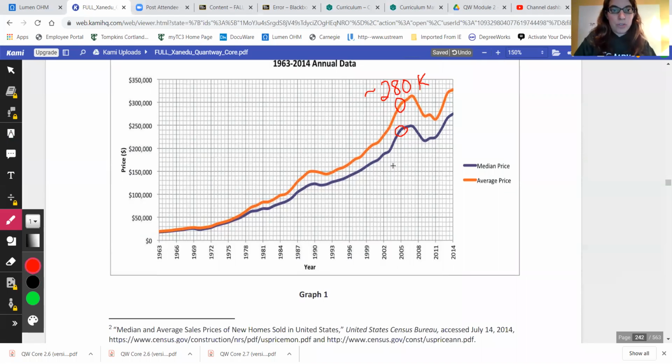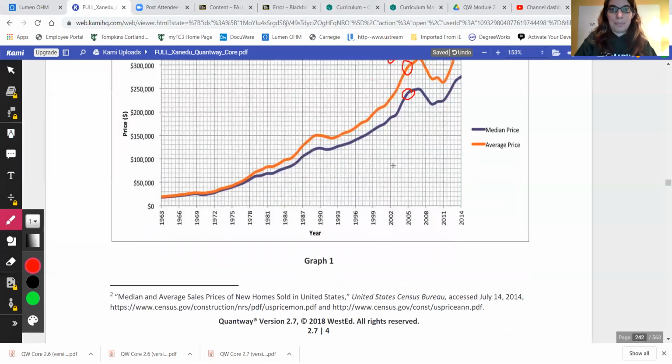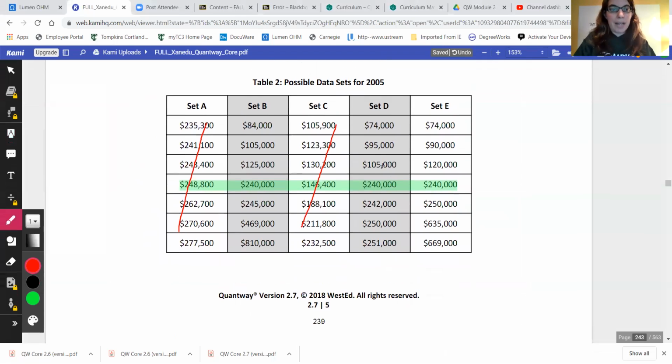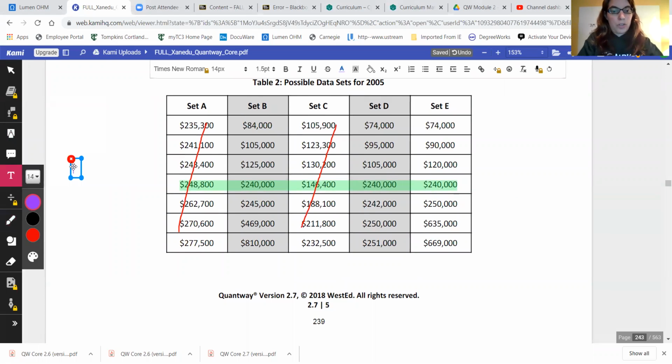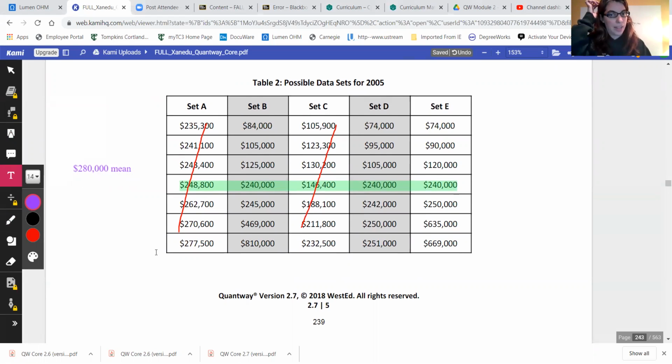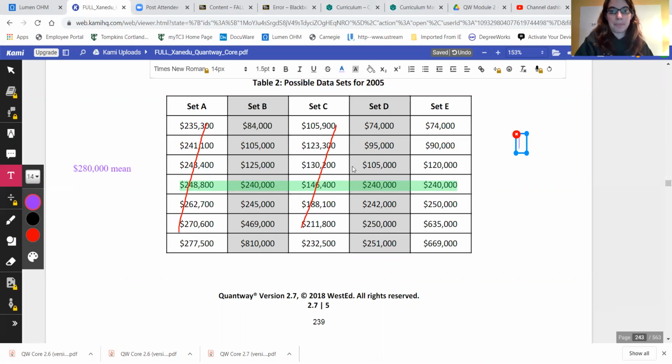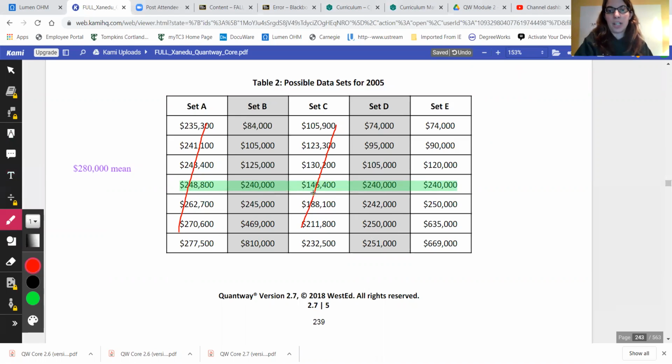So we know that we have the 240 for the median. We know we want to have something around 280,000. Oops, not 300. 280,000 for the mean or the average. So what we want to do is we want to look for values that will give us about 280,000. So if I look at set D, the reason I can take that out right away is because if I look at this, not one value there is above 251,000.